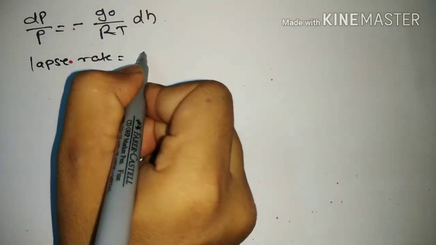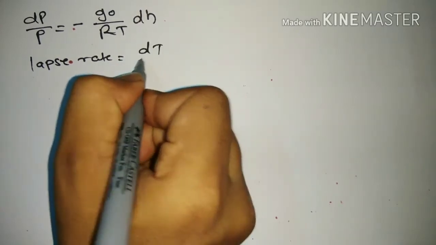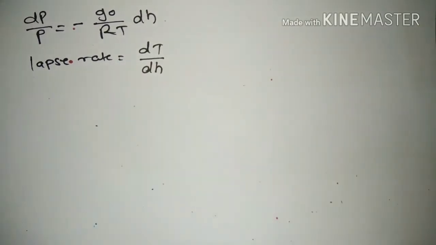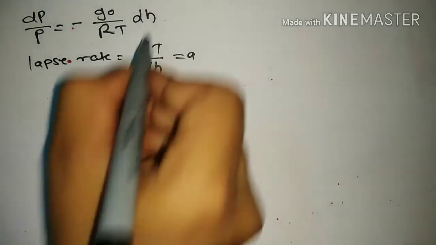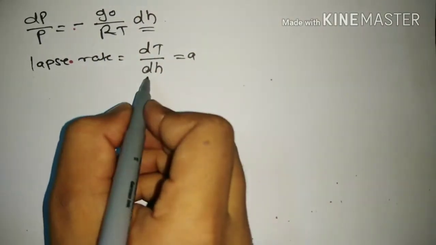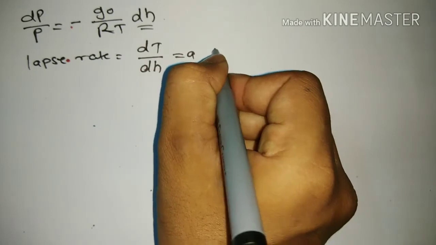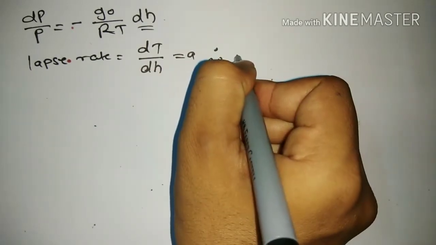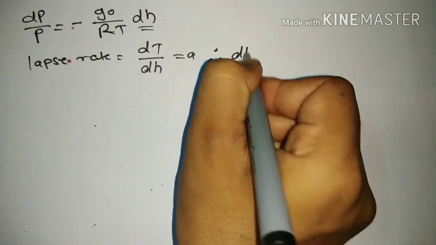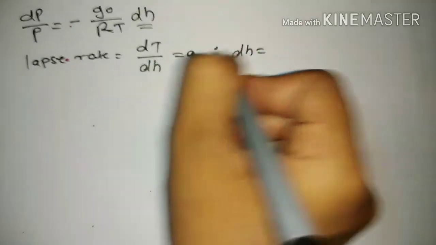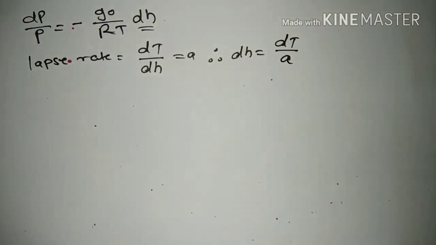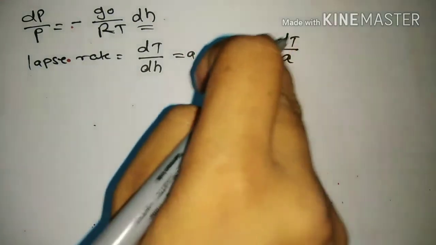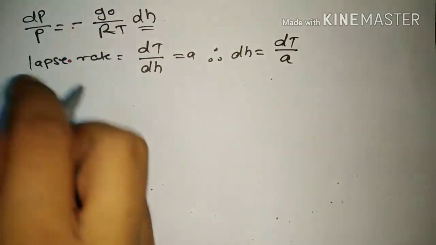Lapse rate is nothing but the change in temperature with respect to height, which we denote by a. So delta h is equal to delta T by a.